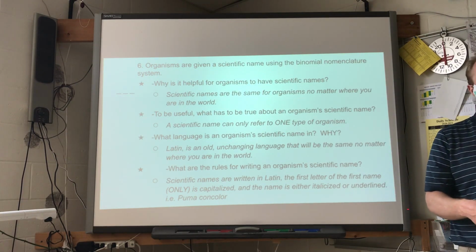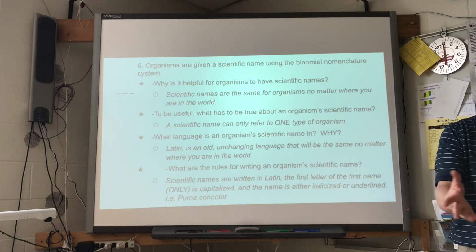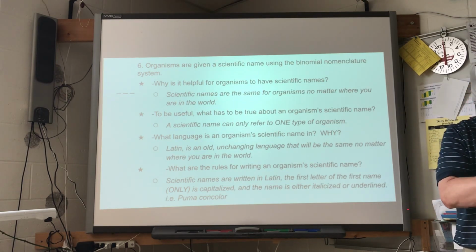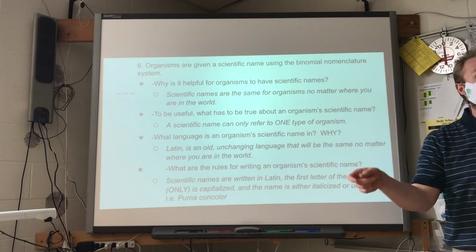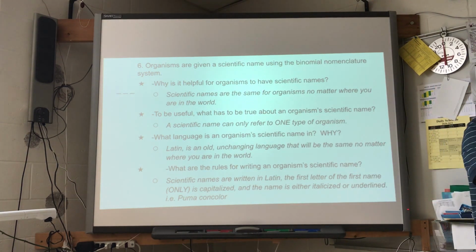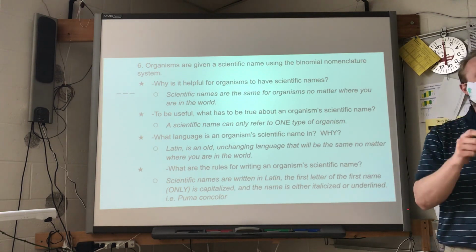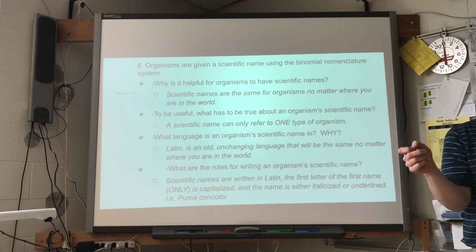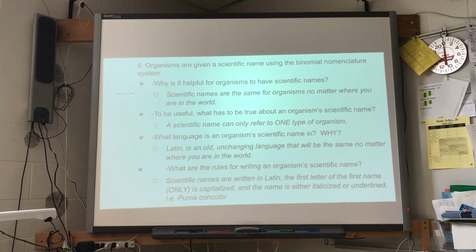Two different names to describe Homo sapiens. Your dog, if you have a dog at home, its scientific name is Canis familiaris. If we talk about a gray wolf, the scientific name is Canis lupus. They share the first name in common, the genus.